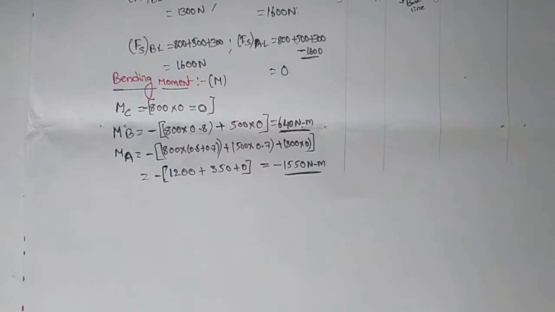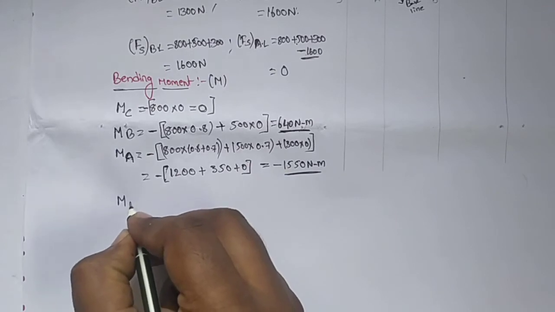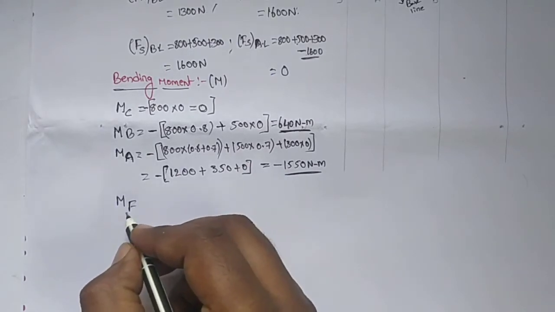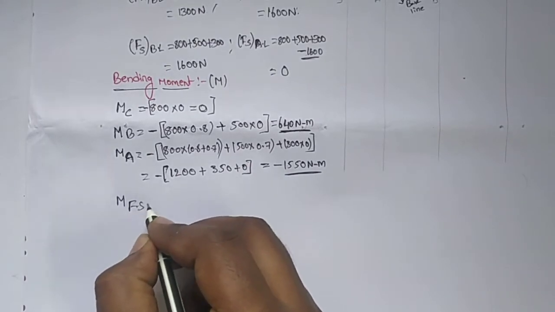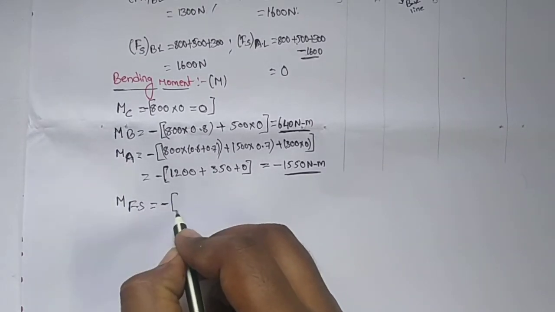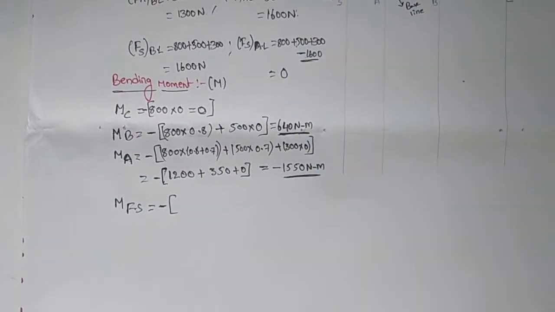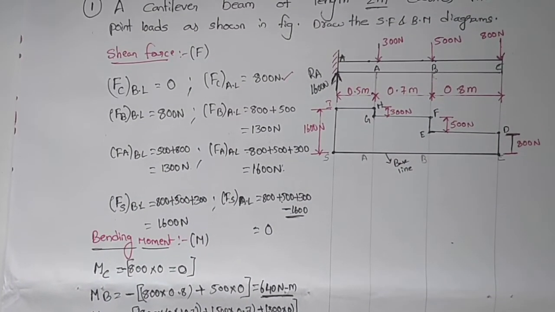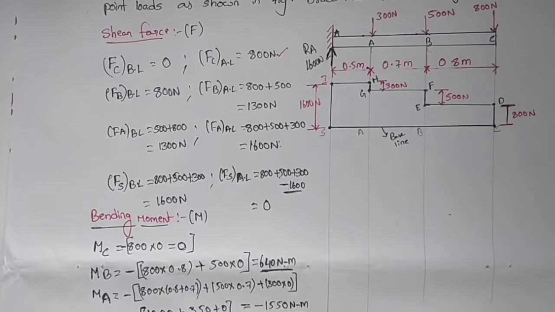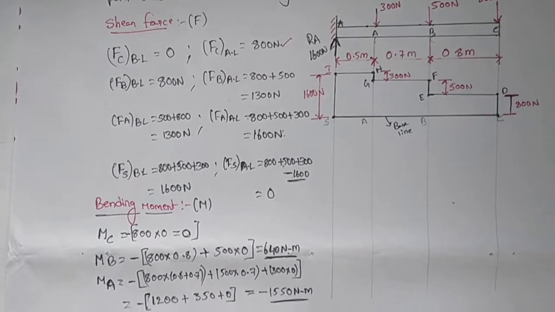Okay. Next, we need to calculate bending moment at fixed support. I am taking the point as fixed support, that equals to minus of... having 3 loads on the right side, as observed in the diagram, 3 loads on the right side of the point fixed support.